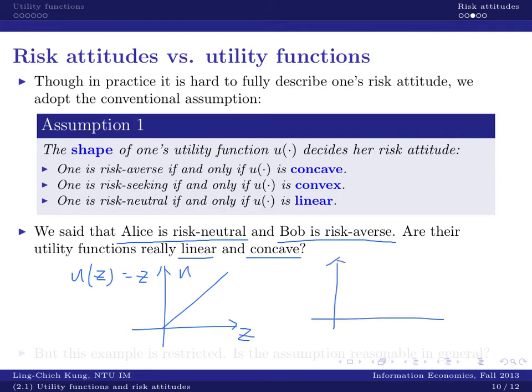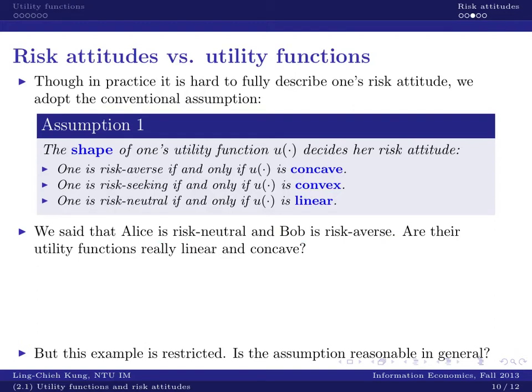How about Bob? For Bob, when Z is below 1, the utility is like this. And when Z is above 1, the utility remains unchanged. So this is indeed a concave function, and indeed Bob is risk averse.